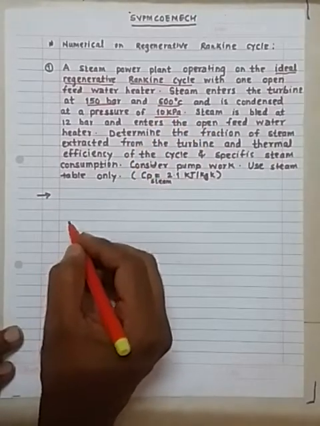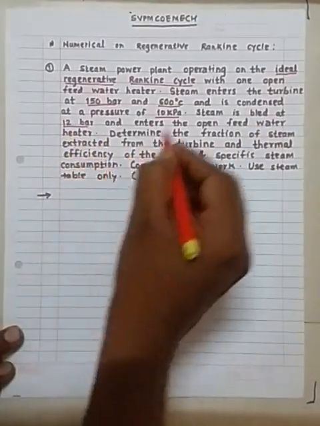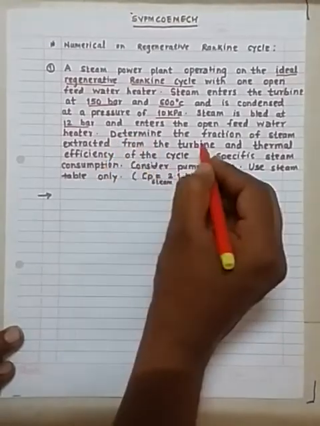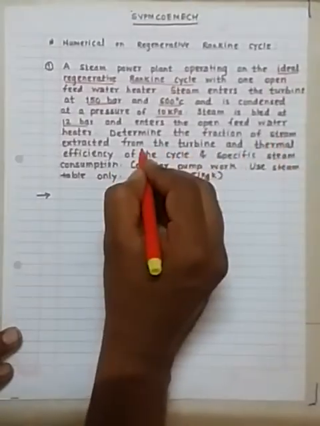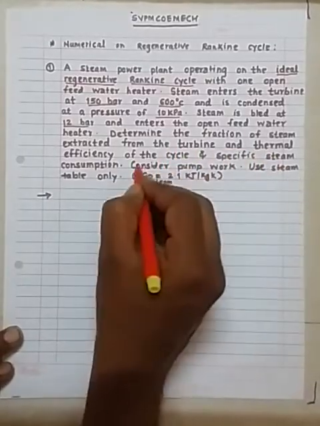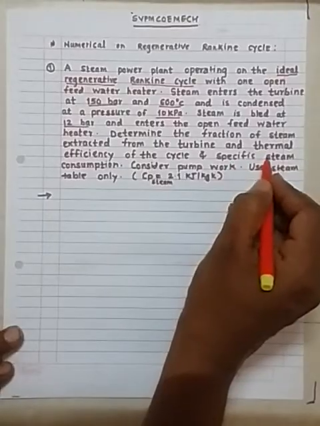Steam is bled at 12 bar, so the intermediate pressure is 12 bar and it enters the open feed water heater. Determine the fraction of steam extracted from the turbine, the thermal efficiency of the cycle, and the specific steam consumption.